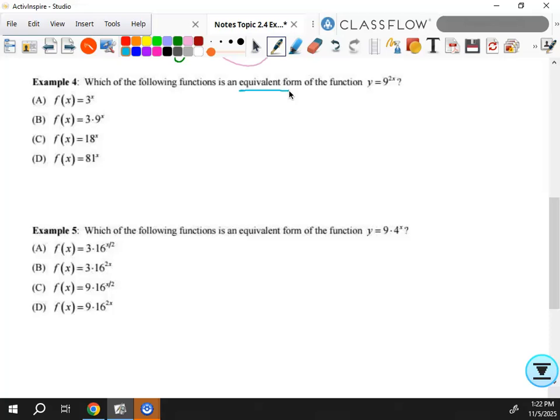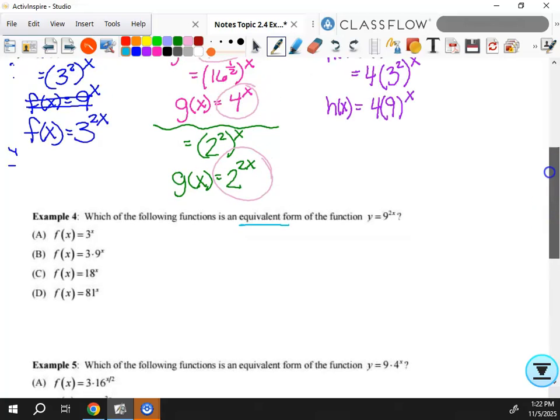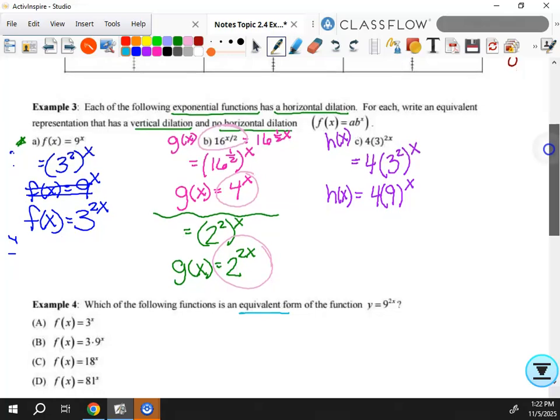Yes, sir. Go ahead. Did you say no horizontal translation? No, it should have said, it did say that. Okay, right now it has a horizontal dilation. So we wanted a vertical, see, it shouldn't say vertical dilation. That's why I said I changed the words and it's still wrong, because we don't have a vertical dilation. The instructions are just all wrong. I looked at last year's and I just scribbled them out because they were wrong.